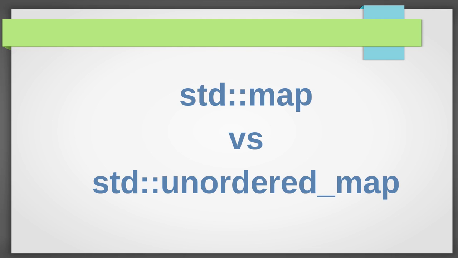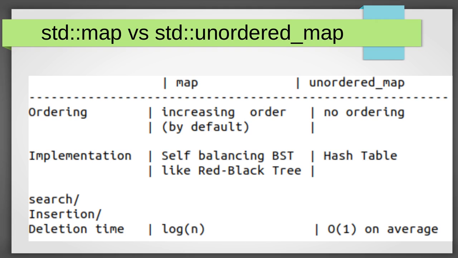At the end, let's summarize. So this is a comparison between map and unordered map. First of all, regarding ordering, the map is in increasing order, but in unordered map there's no ordering, so you can't print the items in order.